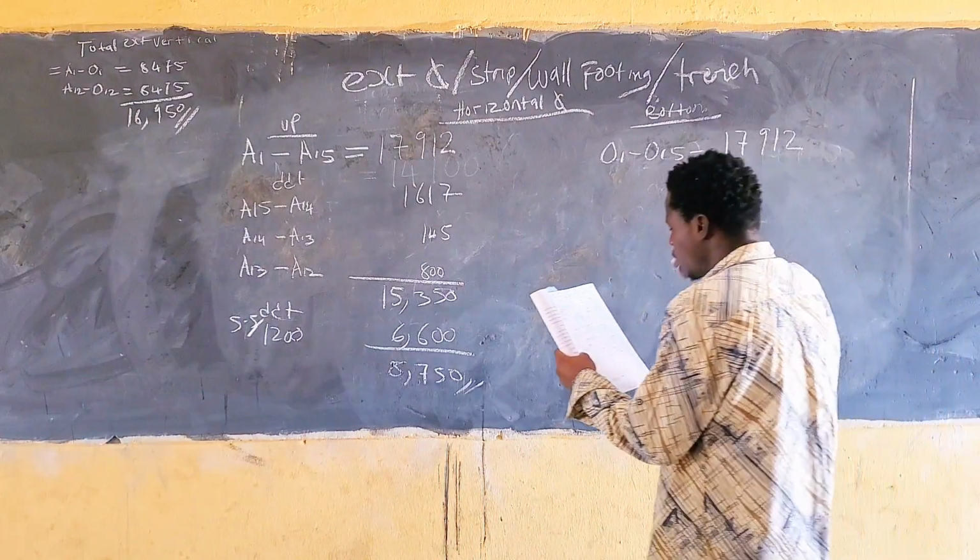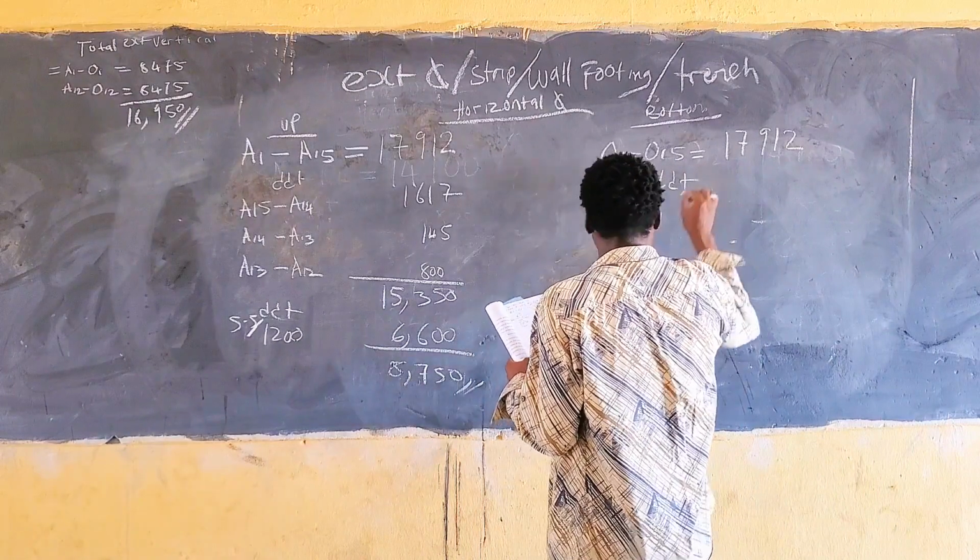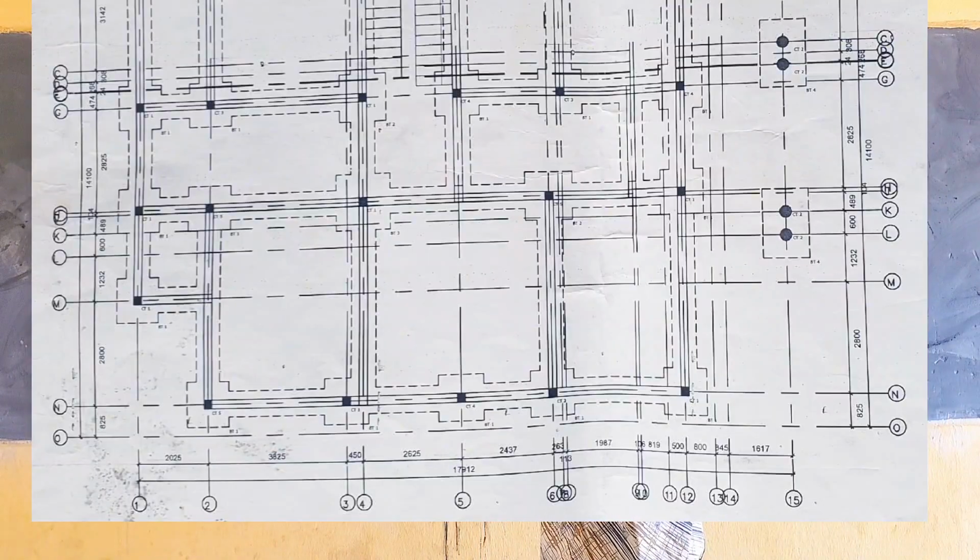So we are going to deduct the excesses. Again, for the bottom side, deduct O15 to O14, deduct O14 to O13, and deduct O13 to O12.